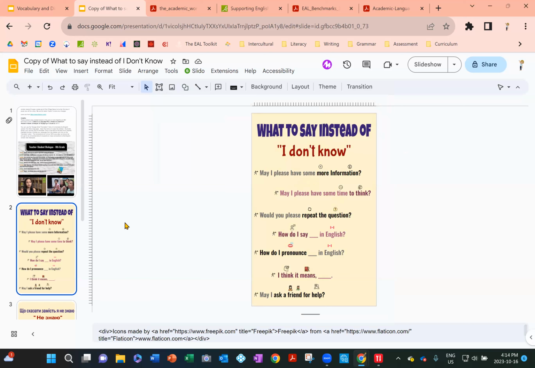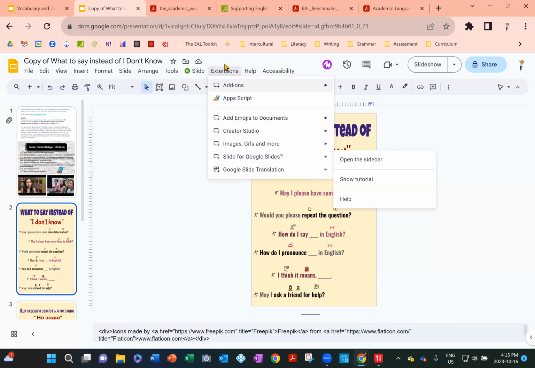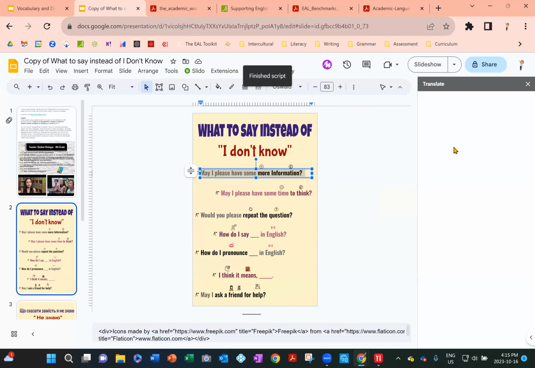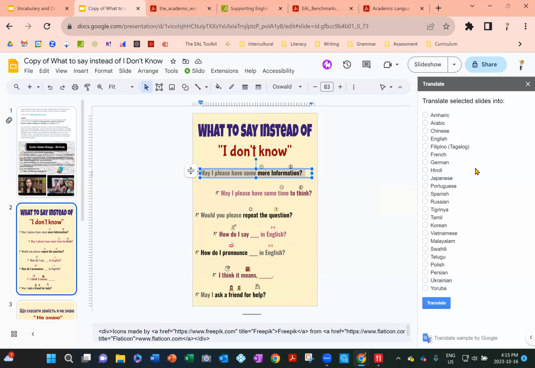Okay, so you can take this and highlight some of the text, go into the extension and open Translate, and it'll come up with a couple of different languages for you to translate the document into.